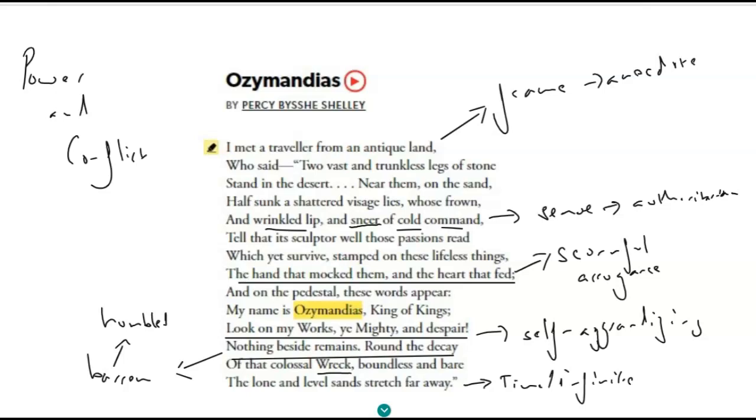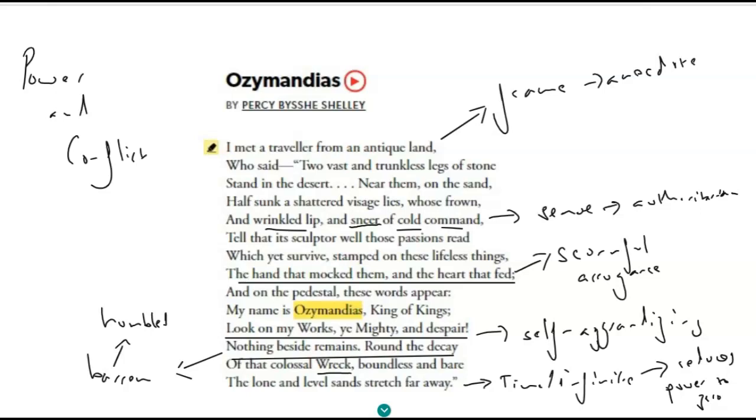So he's talking about this great monument, this great powerful king, and then also how time and the infinite, and the infinite change of things, eventually reduces the power of Ozymandias to basically nothing, to zero.